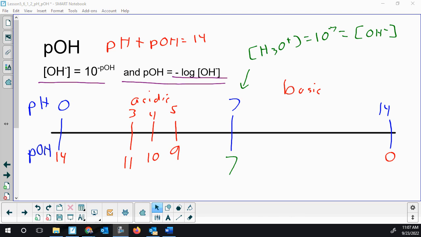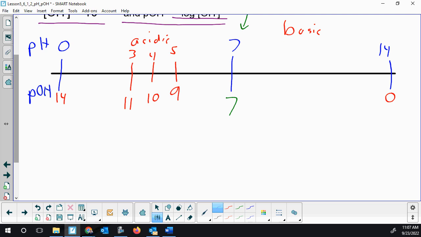So let's just look at that pH of 5, and we can use some of our relationships to get our concentrations. At a pH of 5, the hydronium concentration is going to be 10 to the minus 5 moles per liter.